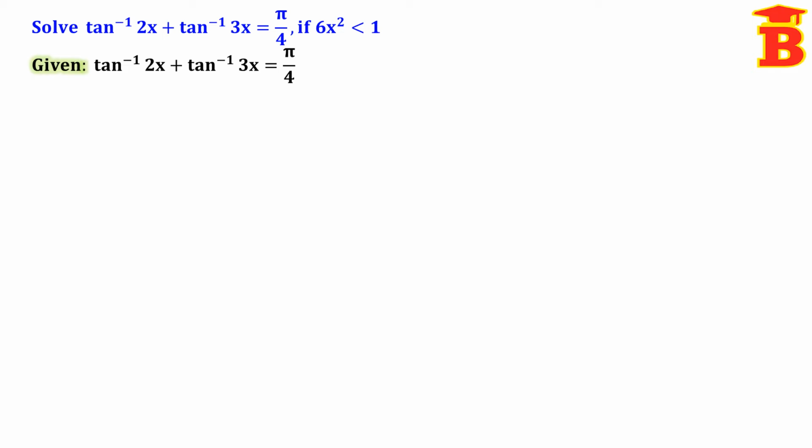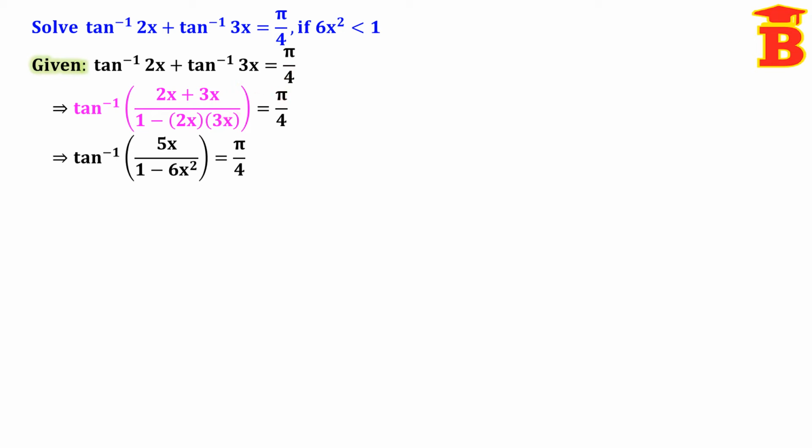On the left side we use the formula tan inverse of (first plus second) divided by (1 minus first into second), that is (2x plus 3x) divided by (1 minus 2x into 3x) equal to the right hand side pi by 4. Next step, this is tan inverse of (2x plus 3x, 5x) divided by (1 minus 2x into 3x, 6x square) equal to pi by 4.